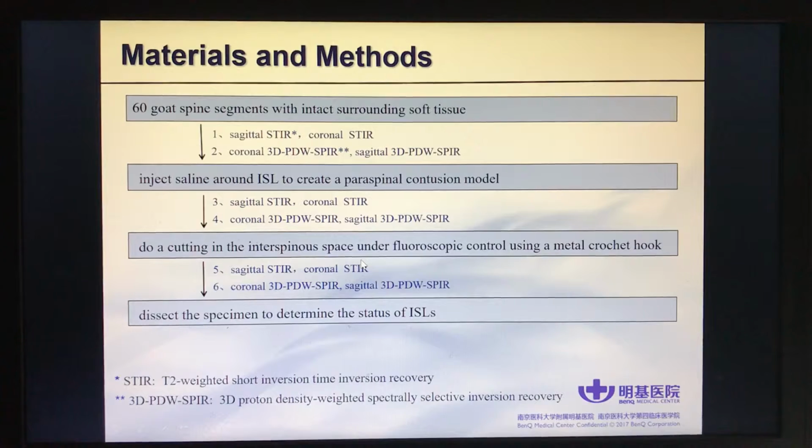Afterwards, some ISLs were cut and all the segments were rescanned using the same MR protocol. After the final MR scanning, each specimen was subjected to a meticulous anatomic dissection by an operator who was blind to the cutting procedure and MR images, and the status of ISL was confirmed by direct visualization.